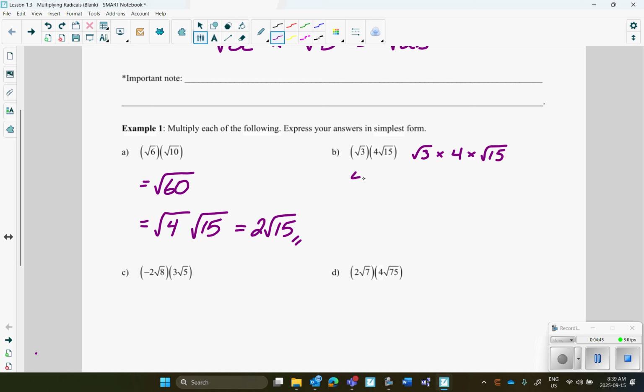So I'm going to put the non-radical first, and then the 2 radicals. And I can multiply those 2 radicals into a single one. What do I get? 3 times 15. 45. And I don't need the multiplication signs.